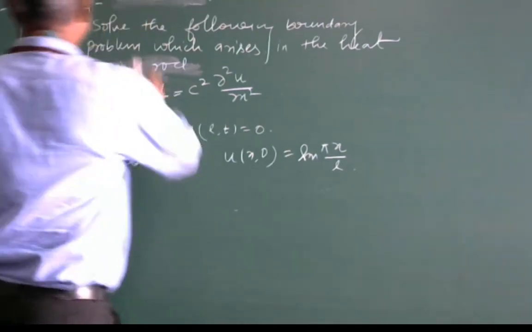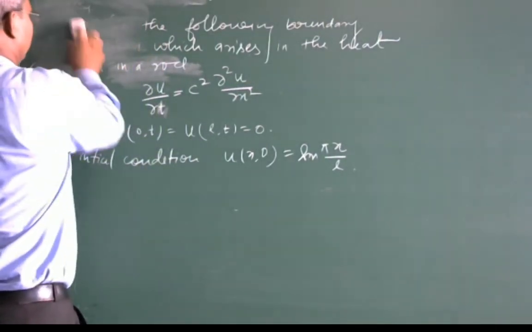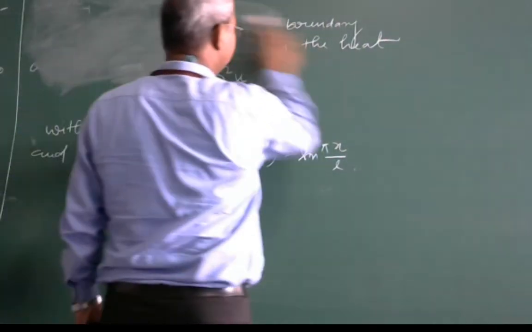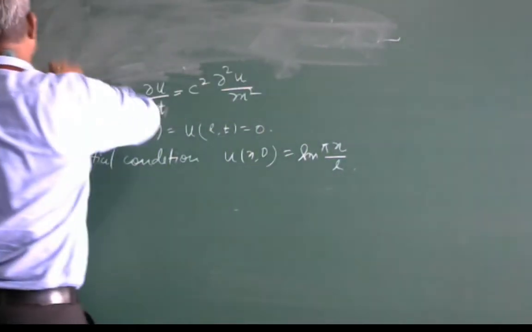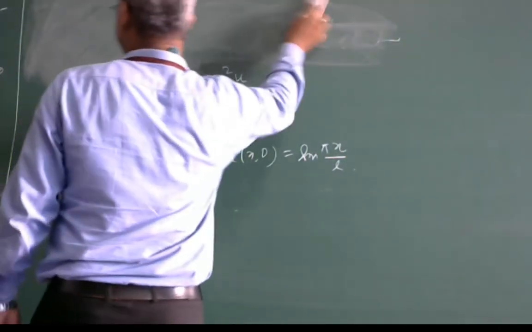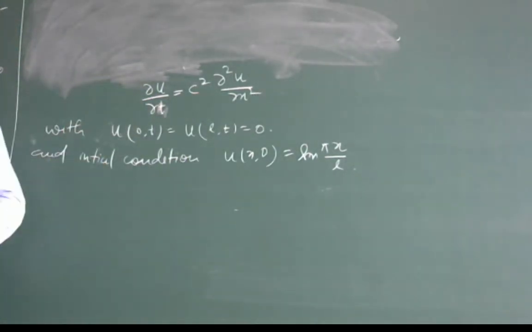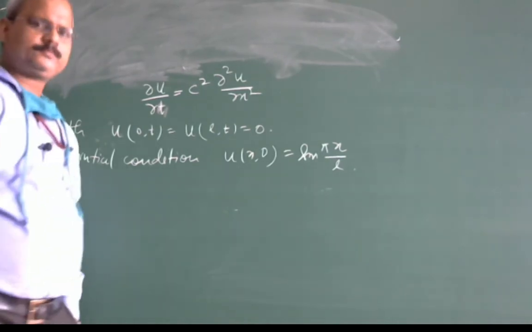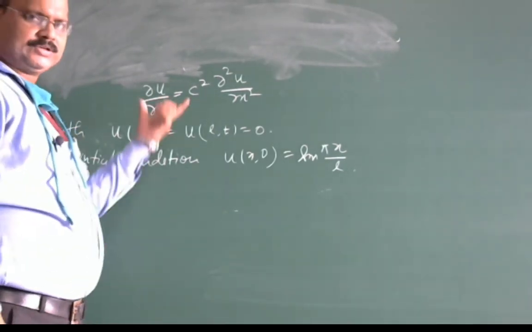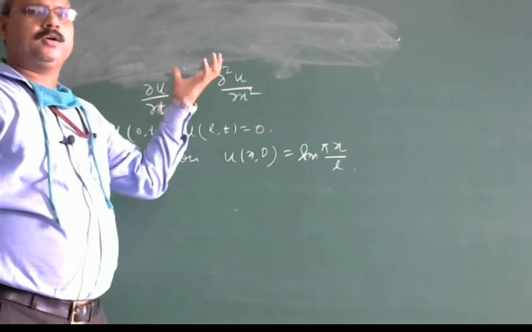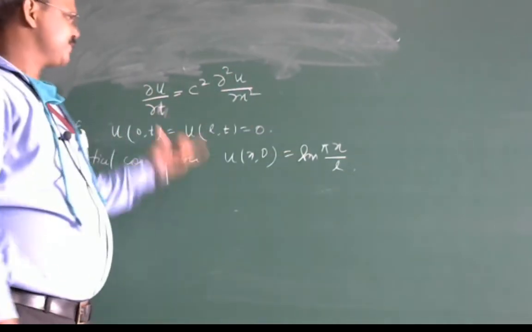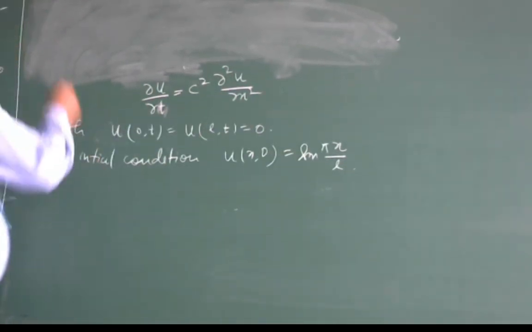So let us see. Here it is given that there is a heat equation which arises in the conduction of heat in a rod. So this is the equation, and the solution goes like this.